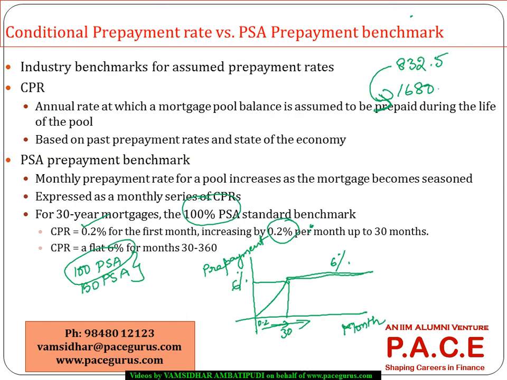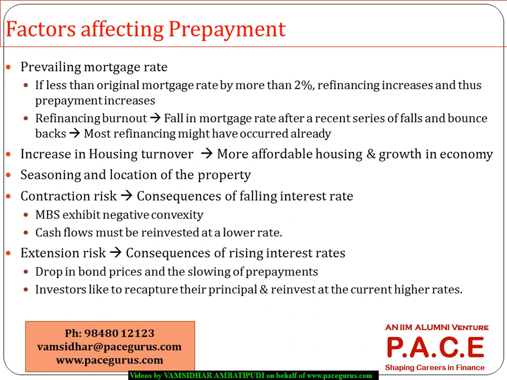So if I look at contraction risk, what happens when the interest rates are falling? The reinvestment risk is a bigger issue. Whenever the interest rates fall, the prepayments are expected to increase, and the investor is forced to reinvest all those proceeds at a much lower prevailing interest rate.